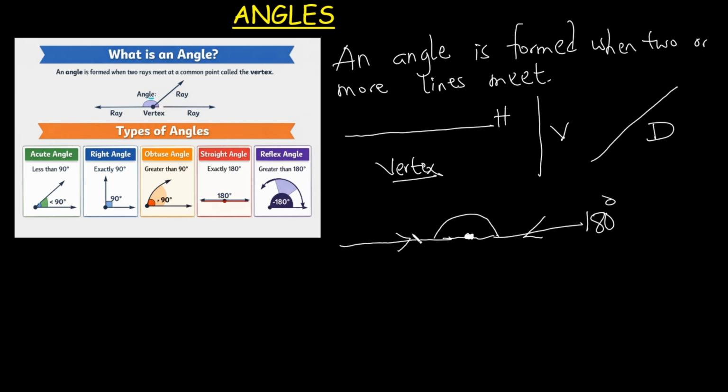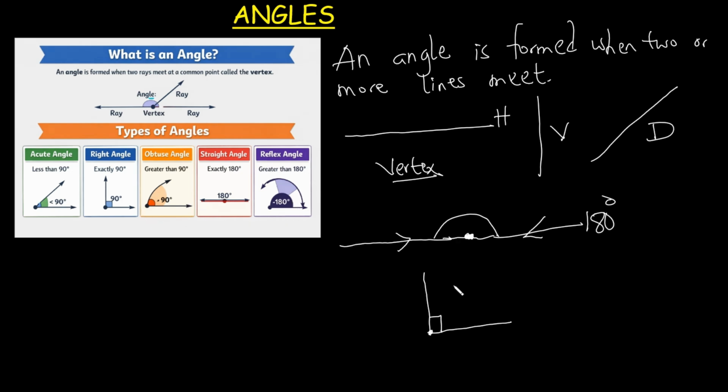Now, we can also have a horizontal line and a vertical line meeting. So we can have a vertical line here and then one horizontal line also here. Now, when they meet, this is the meeting point or the vertex. Now, the space created over here is the angle formed. This type of angle is called a right angle.